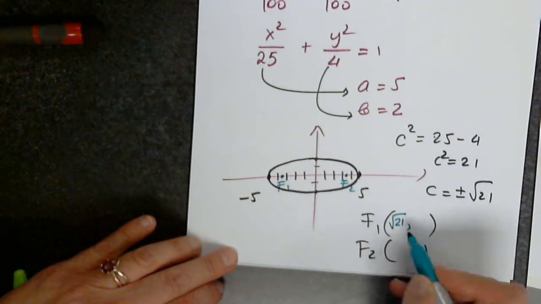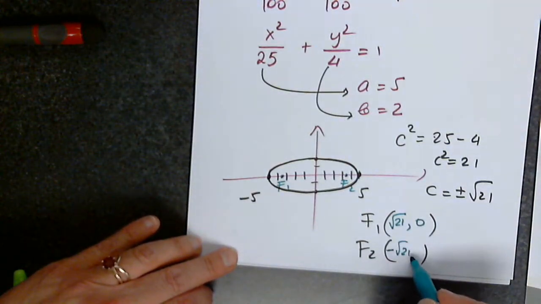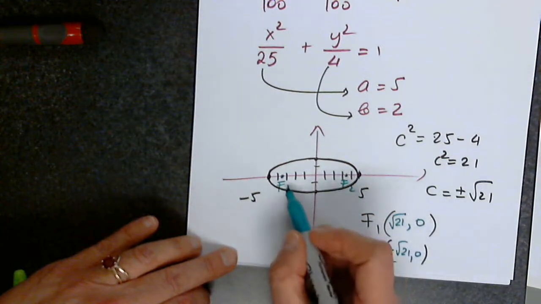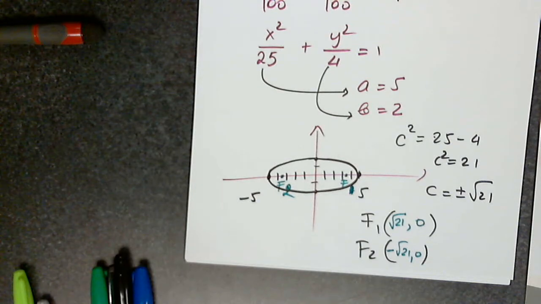Square root of 21, comma 0, and negative the square root of 21, comma 0. So this is F2. I'm sorry, I should have started with F1 right there.